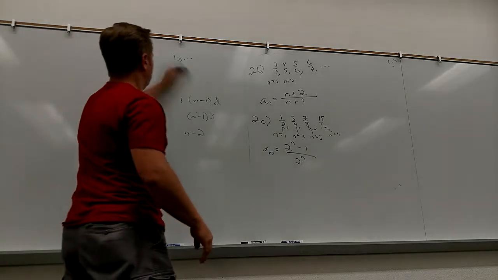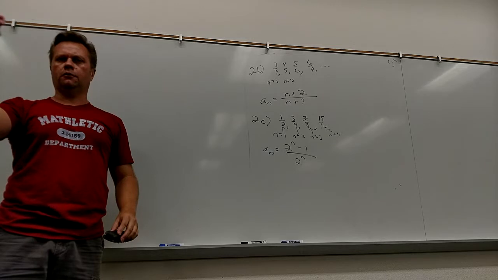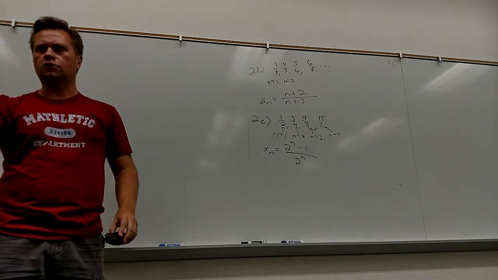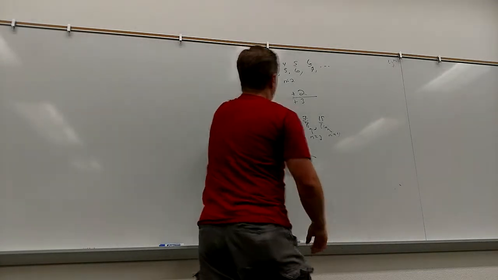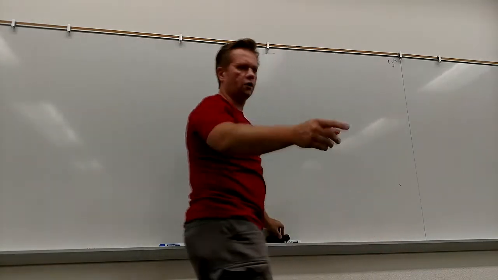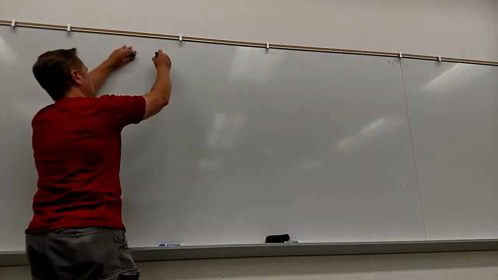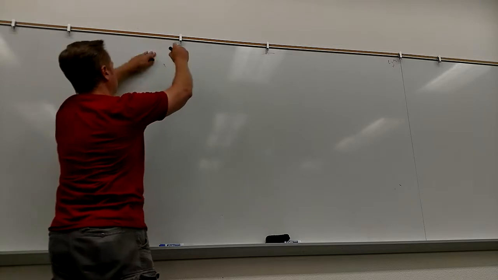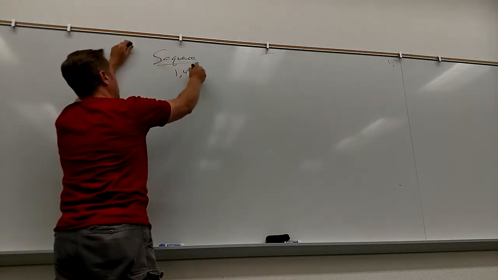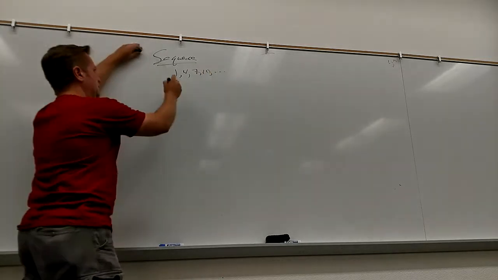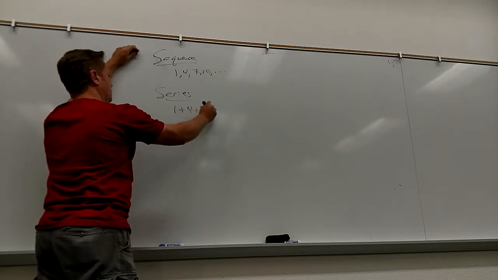All right, so I told you when we were doing the arithmetic and the geometric, we got a formula for the nth term for each one of them. Section 14.3 is all about series. Now, if I had this sequence, 1, 4, 7, 10, the series would be 1 plus 4 plus 7 plus 10.